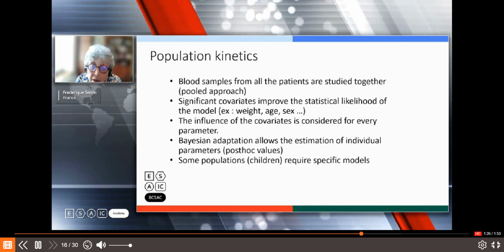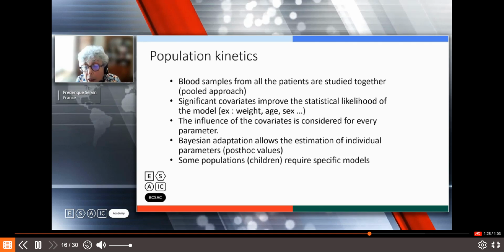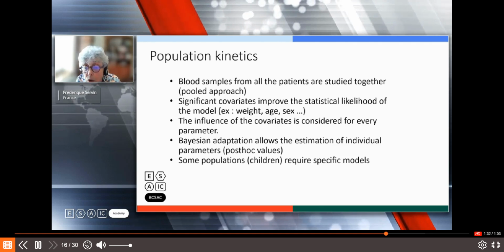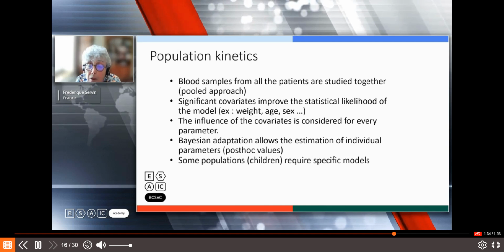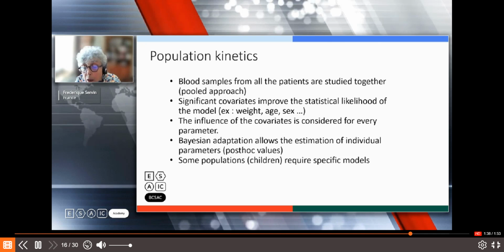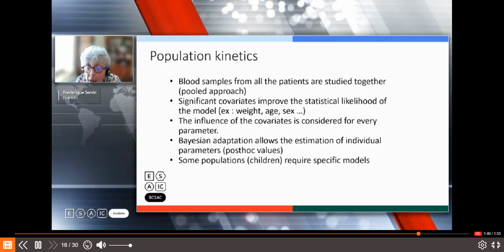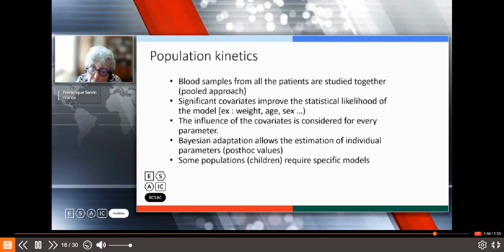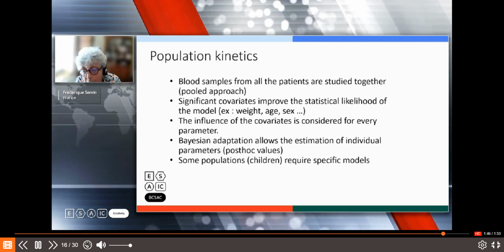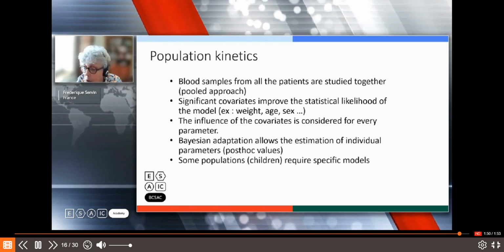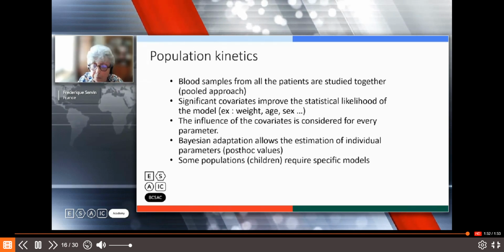But this is no longer completely true since, for example, Michel Struys and his team with Eleveld have built models with allometric scaling, and they have been able to build models for propofol and remifentanil, for example, in which you can include children, elderly patients, obese, etc.